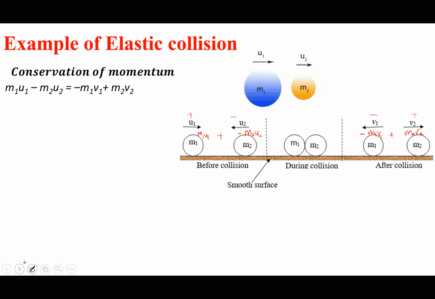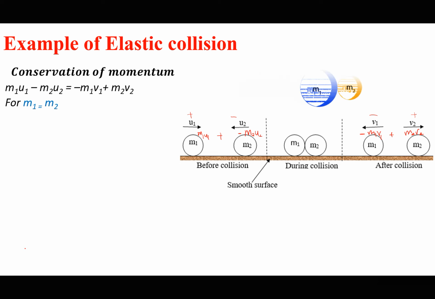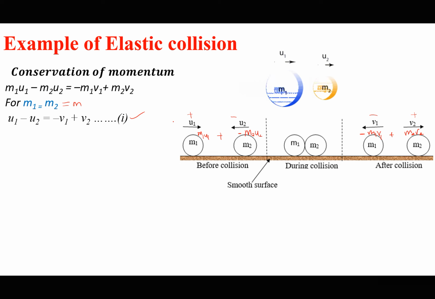If we assume that m1 and m2 are equal and just equal to m, then m1 and m2 cancel out. So I only remain with u1 minus u2 equals negative v1 plus v2, and I will call that equation number 1.